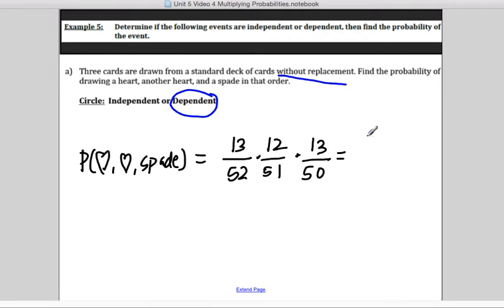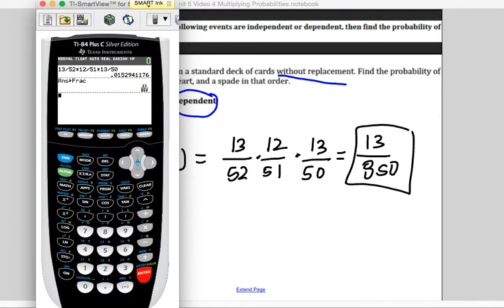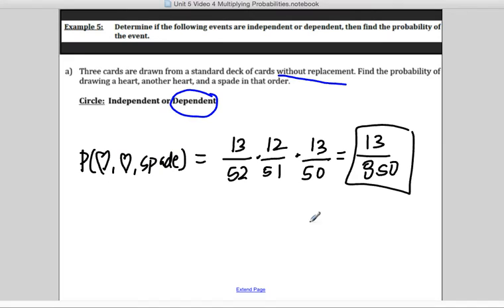As a decimal, that was 0.015. The 2 tells me it stays, so equals 0.015.